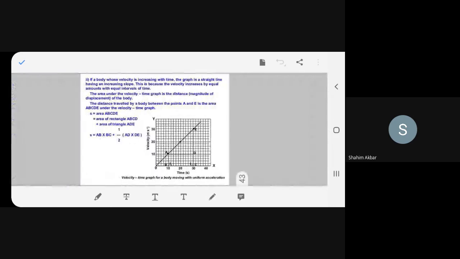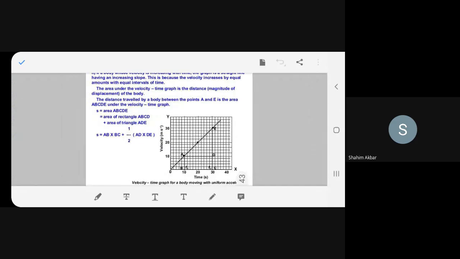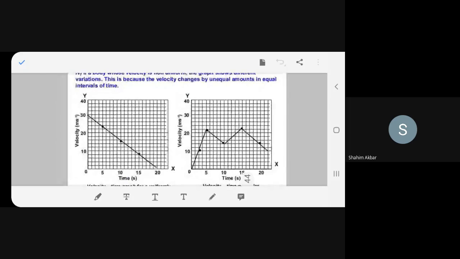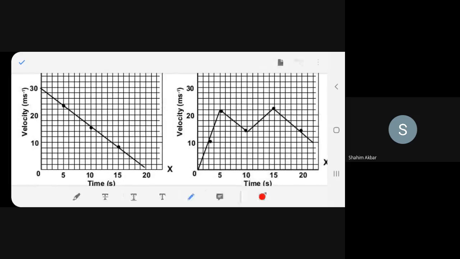See, it was going up. This is an increasing slope. And now, what do you see over here? Decreasing slope. From the top it is coming down. Got it now? So this is a decreasing slope. I'm trying to make you understand what is called an increasing slope and what is called a decreasing slope.